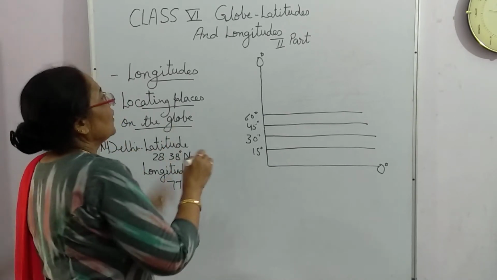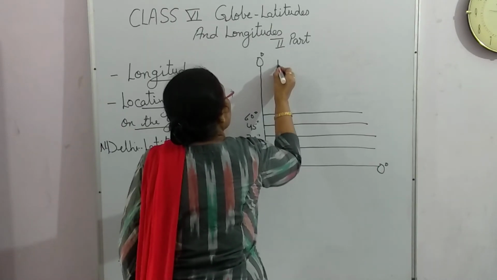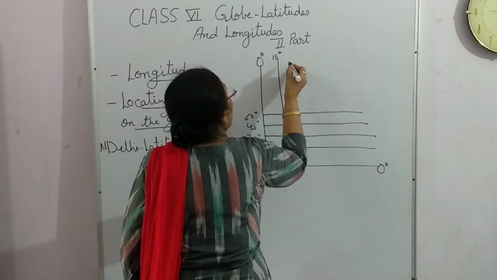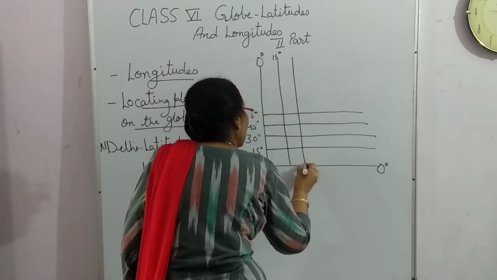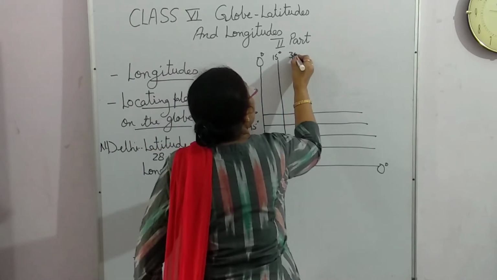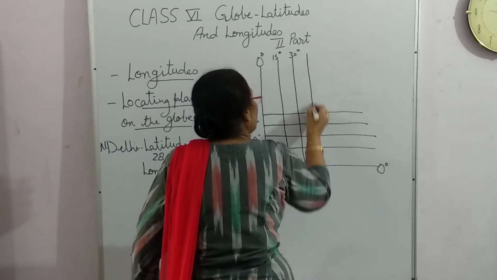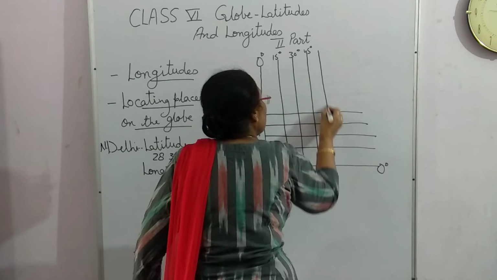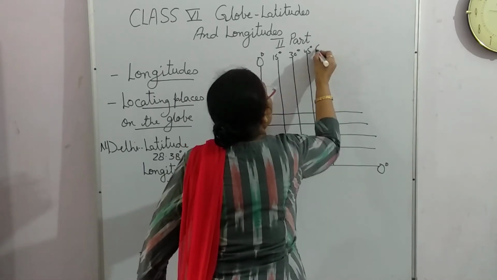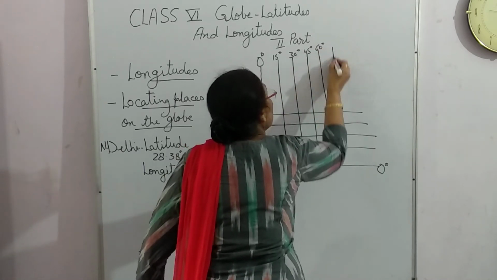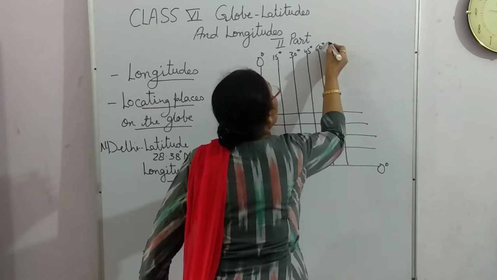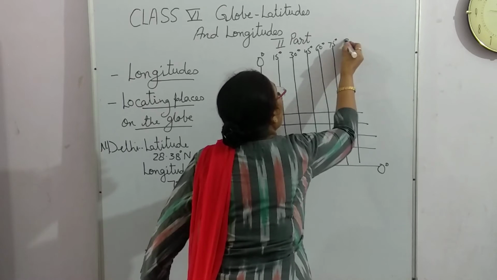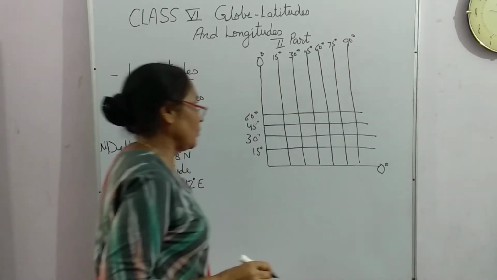Latitude is 28.38 northern. Now again we'll take the 15 degree longitude, 30 degree longitude, 45 degree longitude, 60 degree longitude, 75 degree longitude and 90 degree longitude.